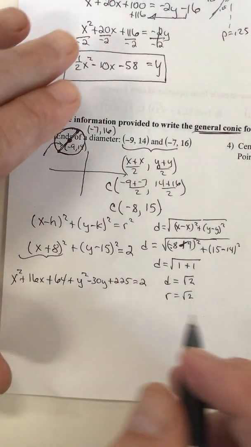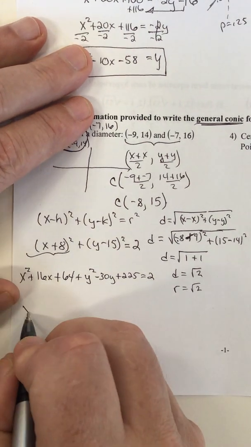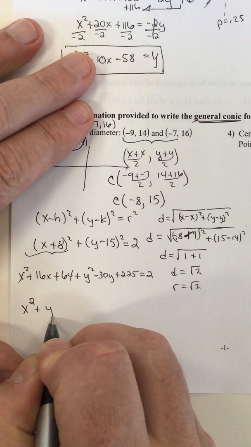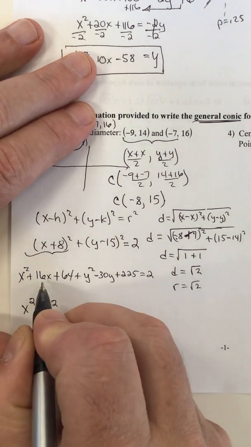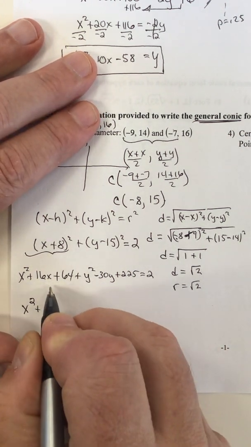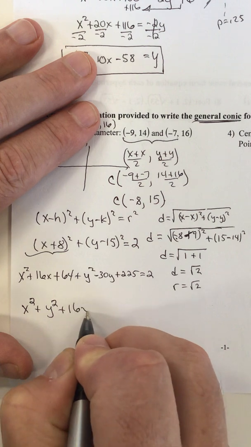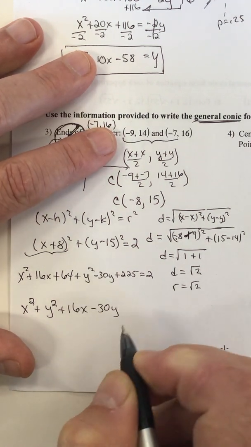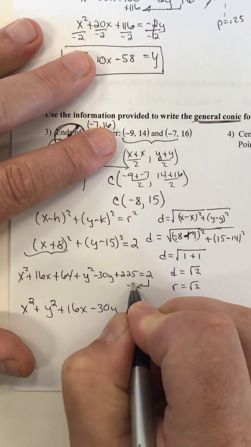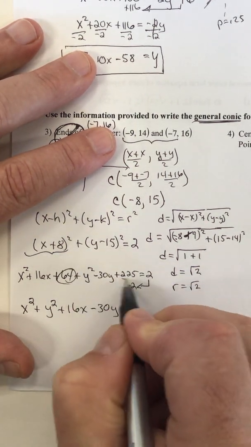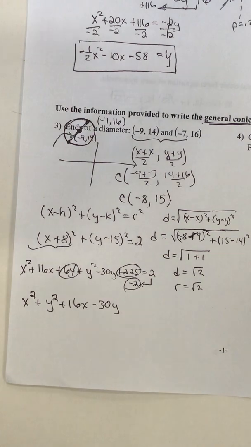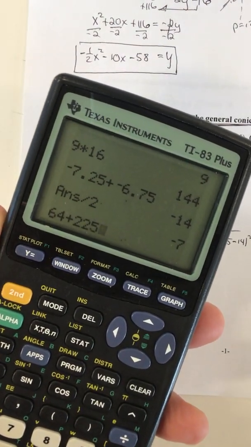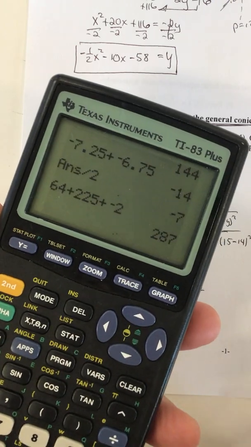So we put it in alphabetical order, highest power first. So x squared. Then the next thing we have is a y squared. Then we go to the singles, so single power, so that'll be the 16x, and then the minus 30y, and then I'll subtract this 2 over there. So I have 64, 225, and -2.